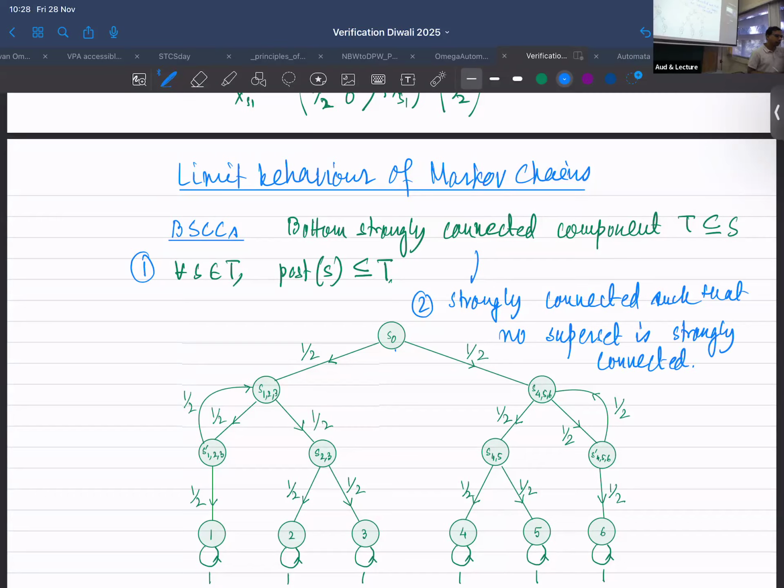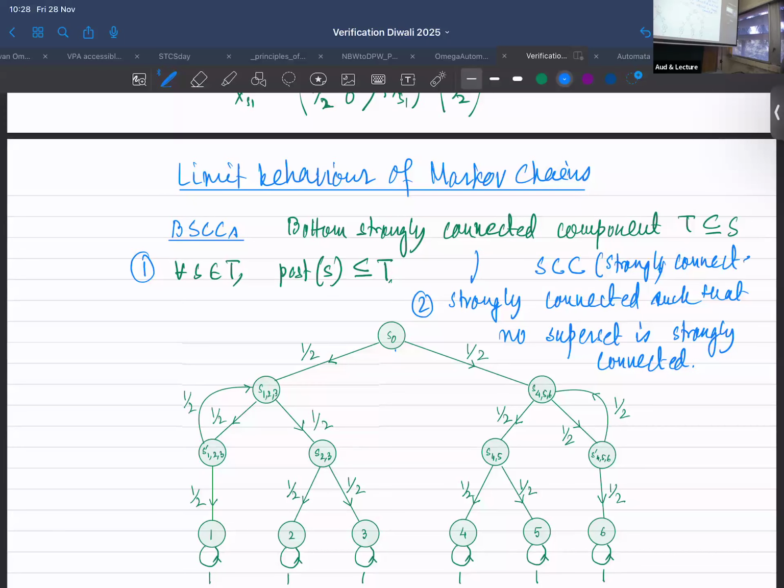Okay. So usually this largest strongly connected set, the maximal such strongly connected set, we call the strongly connected component.